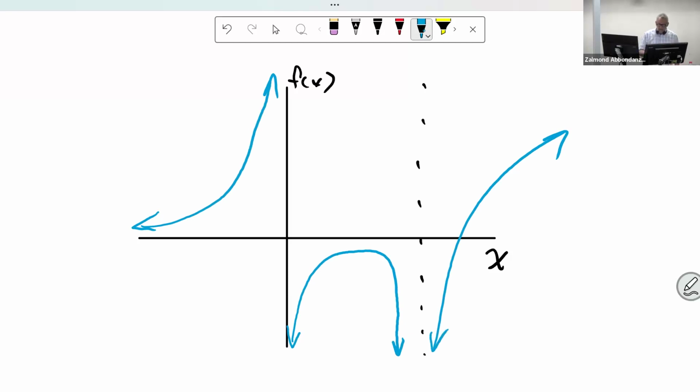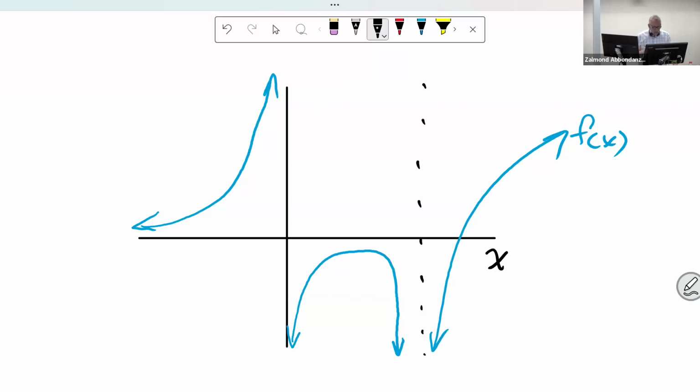All right, so this is the function f of x. We could be asked to sketch a derivative. And when I say sketch, it of course does not have to be exact, but there are certain things that I would look for. I want to know where it's positive, where it's negative, and where it's 0, basics like that.